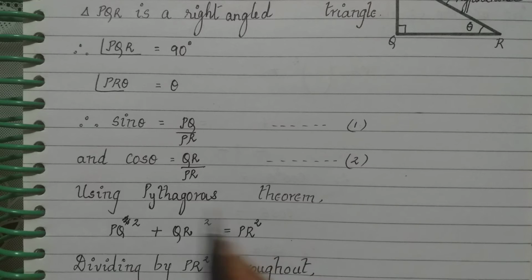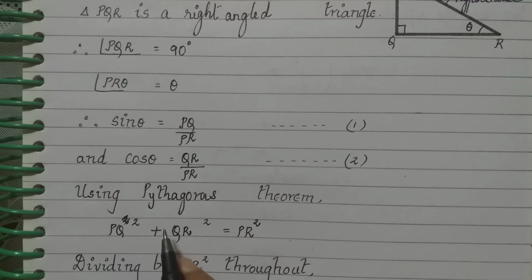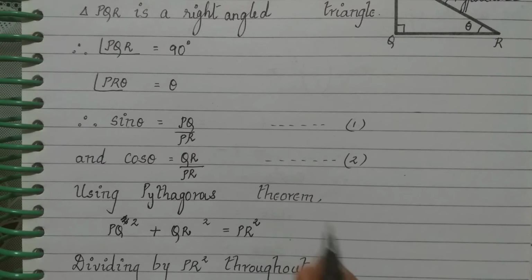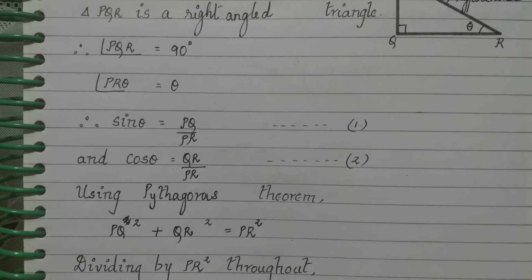Now you may have seen I have written it the opposite way. Normally we write hypotenuse square equal to the sum of the squares on the other two sides, but I have taken hypotenuse on the right hand side. This is done for a reason. You will understand in the further steps.